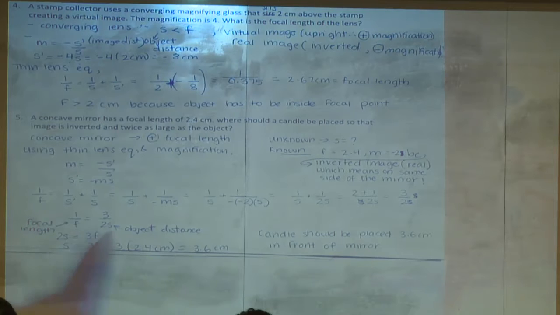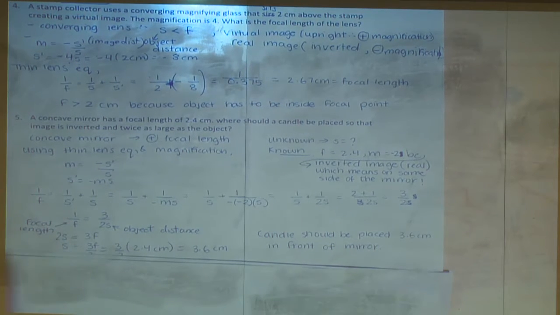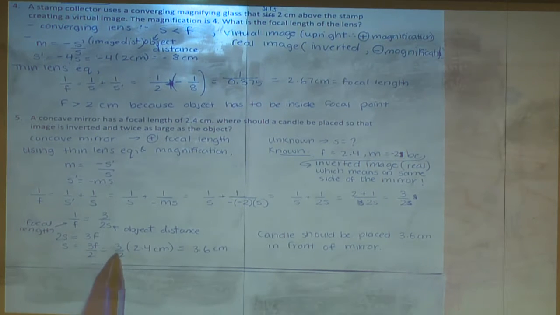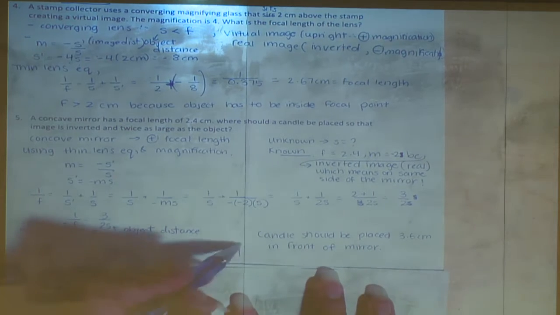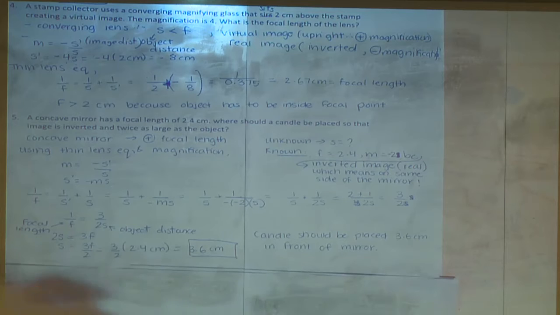So if we cross multiply, we're going to have 3f equals 2s. If we solve for s, we're going to have 3f over 2 equals 3/2 times 2.4 centimeters, which is our focal length, and that gives us 3.6 centimeters as our object distance. So the distance of the object from the mirror is 3.6 centimeters.